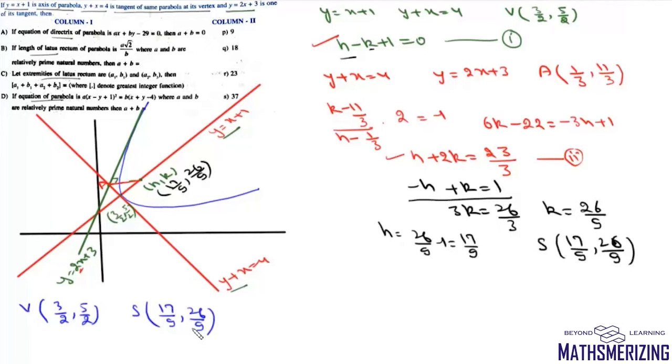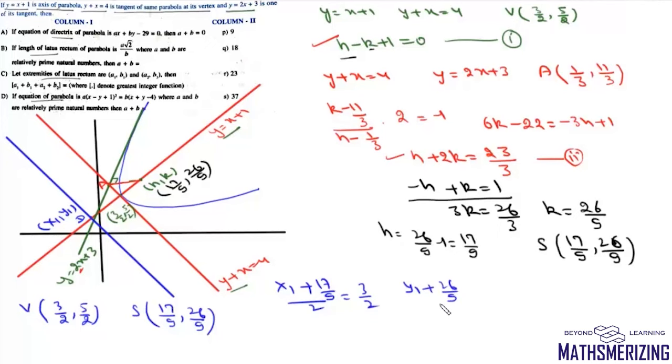So we'll find the base of the directrix. Suppose this is our directrix, and suppose this point is D. We know that the vertex is the midpoint of D and S. If we take D as (x1, y1), then (x1 plus 17/9) by 2 is equal to 3 by 2, and (y1 plus 26/9) by 2 is equal to 5 by 2.